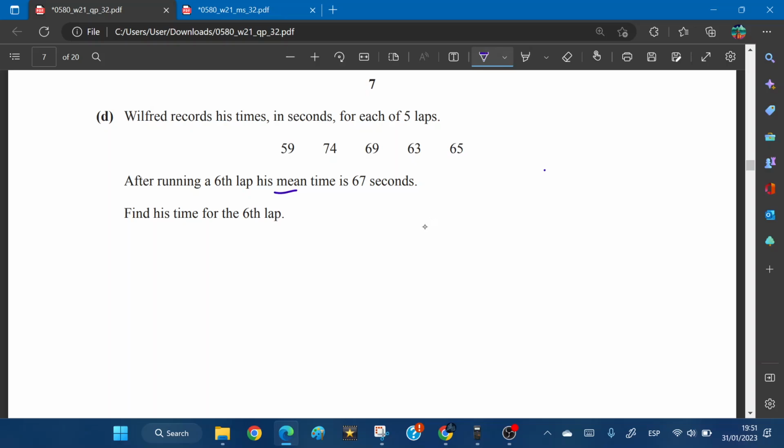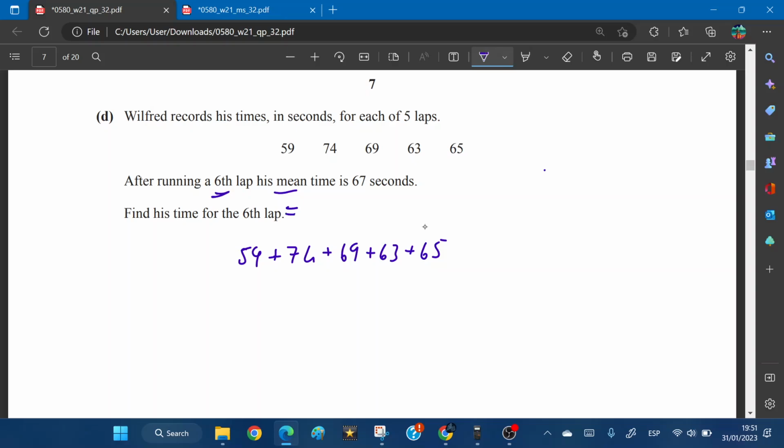You have to do a lot of working out, right? You need to add up all the laps: 59 plus 74 plus 69 plus 63 plus 65. So that was 5 laps. Then he ran the 6th lap. But they don't tell us. We have to find out the time for the 6th lap.